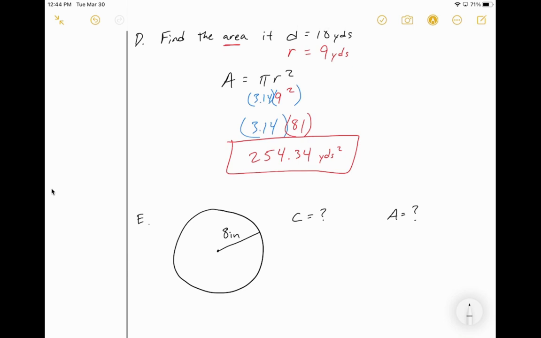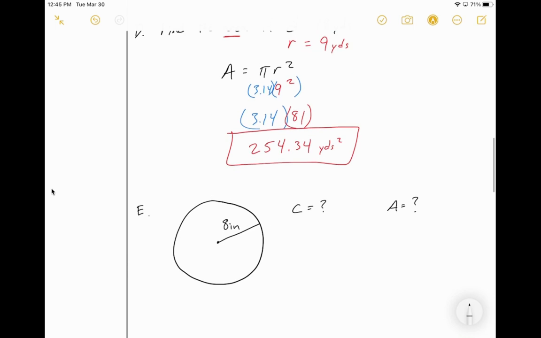Yeah, if you can do this problem, you're going to be just fine on your quiz. All right, anyone else?